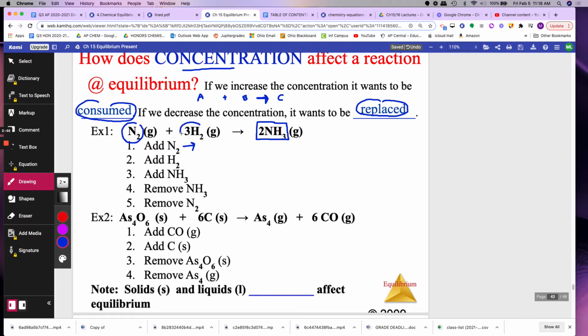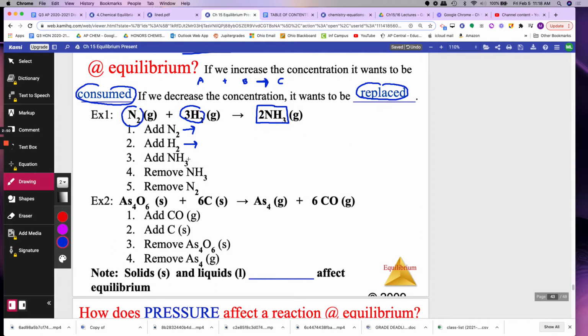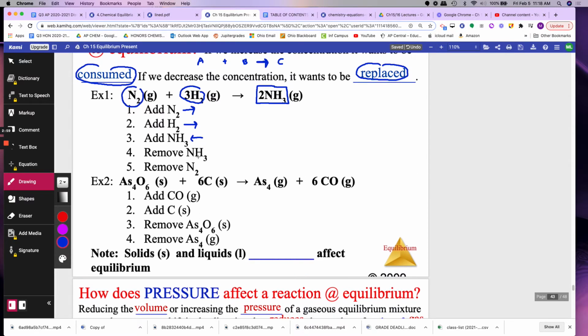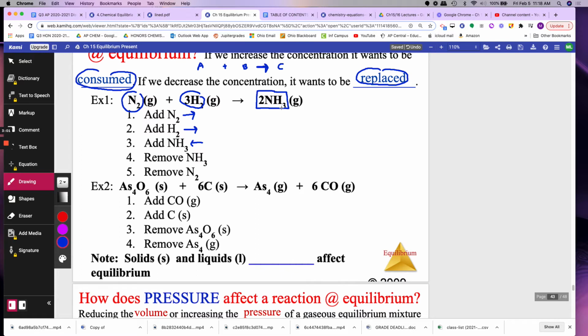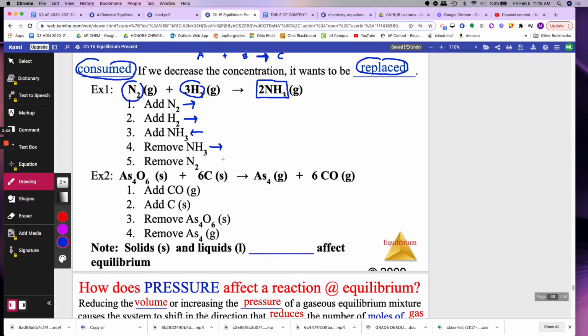If you add H2, it's going to go to the right to use up what you've added. If you add NH3, though, it's going to go to the left to use up what you've added. Now, what if you remove the NH3? If you remove the NH3, the reaction will go to the right to replace what you've removed. If you remove the N2, it'll go to the left to replace what you've removed.